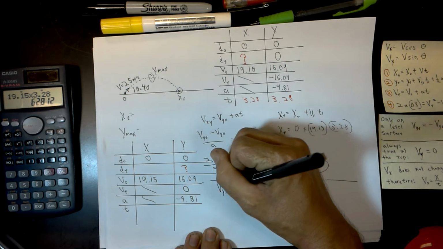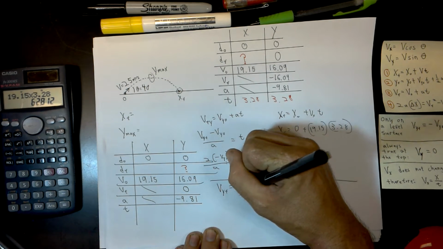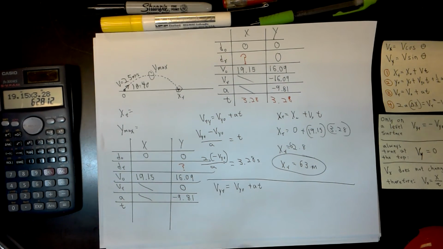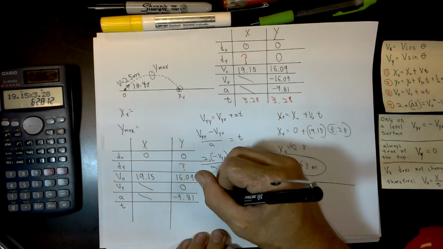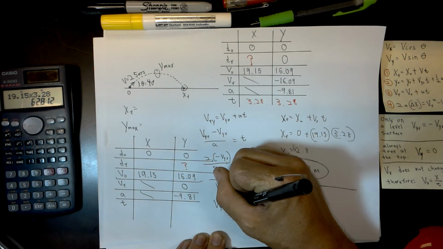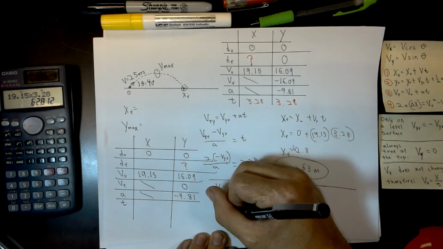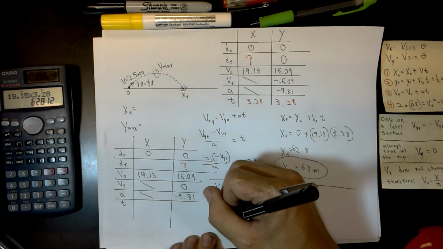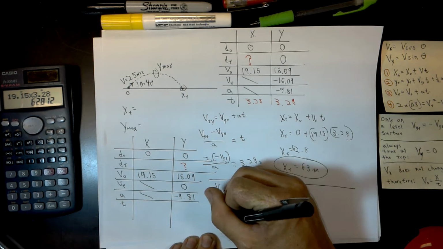V of y final is equal to V of y initial plus the acceleration multiplied by the time. And I'm going to solve for the amount of time. So V of y final minus V of y initial divided by the acceleration equals the amount of time. Now I'm going to plug in the numbers. V of y final is 0.